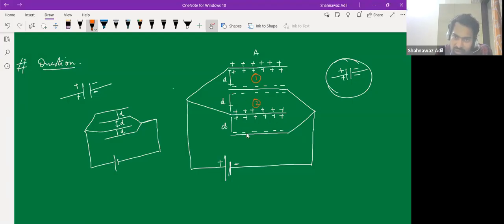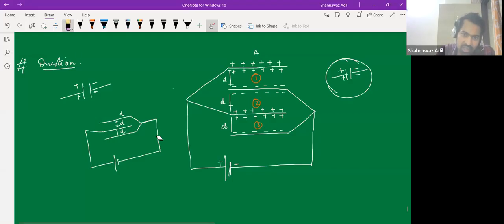And then we have this positive and negative, so we have three capacitors. But you see that all the positive ones are connected to one terminal, and all the negative ones are connected to the other terminal. So is this a parallel combination or a series combination?